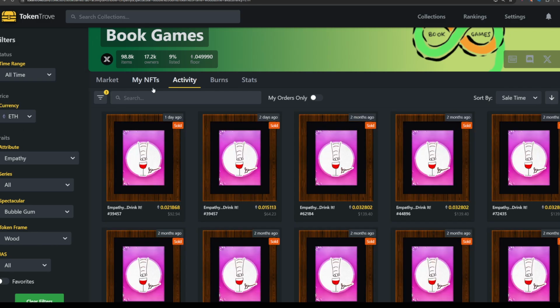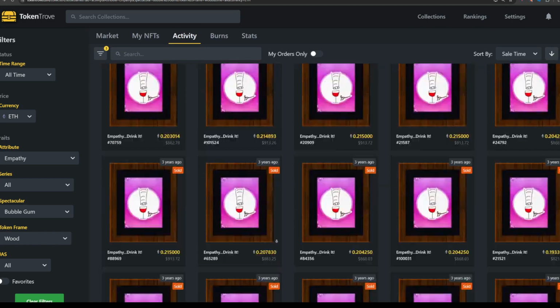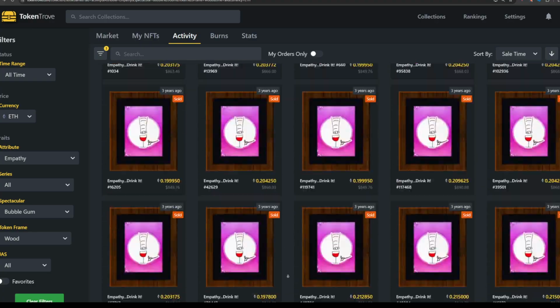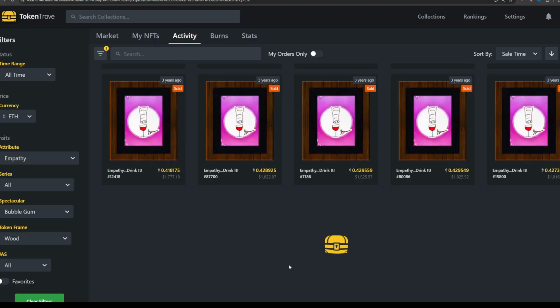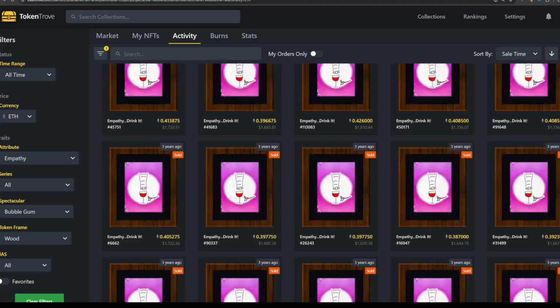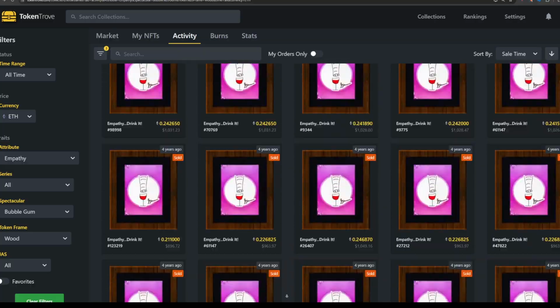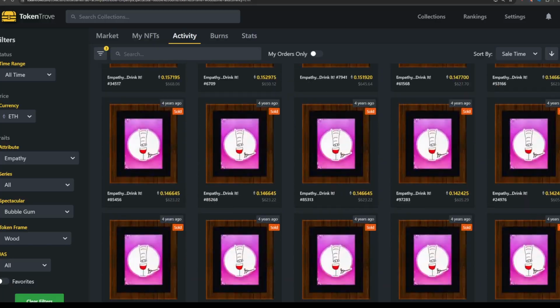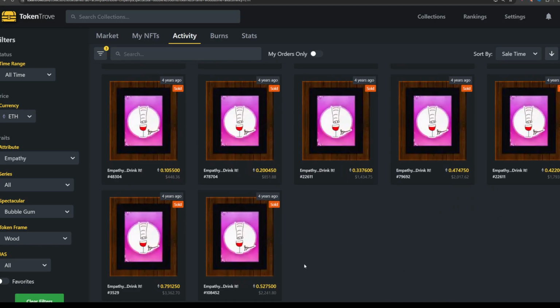Okay, so we're taking it and we're looking at it and we're getting a sense of what this book game token is worth or was worth historically, so we can get a sense of the total market value. This is one of the most populated, the least rare tokens.